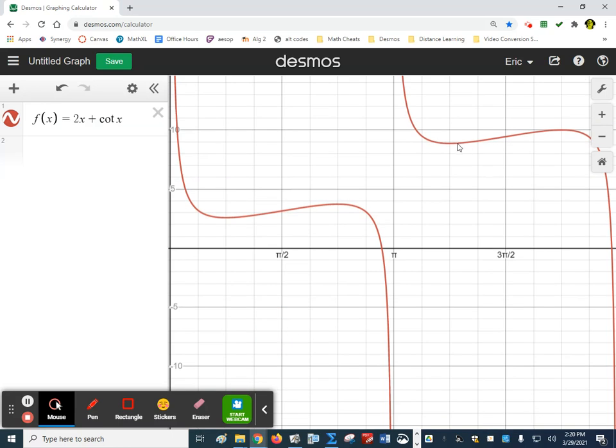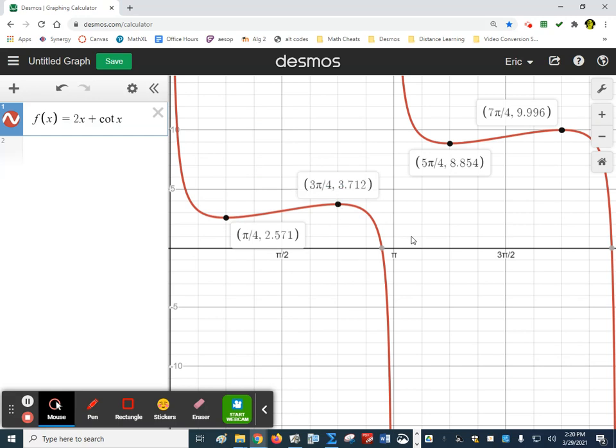That's a little easier to see. Notice I've got vertical asymptotes at 0, pi, and 2 pi.